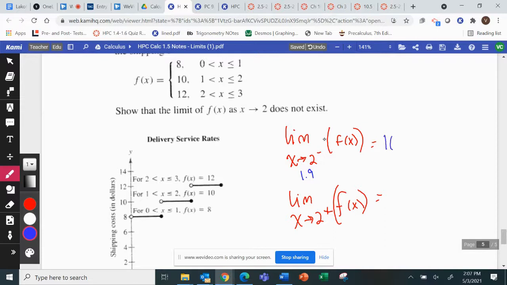If it was 2.1 pounds, just above 2, what would the limit be? 12. Not the same, so the limit does not exist.